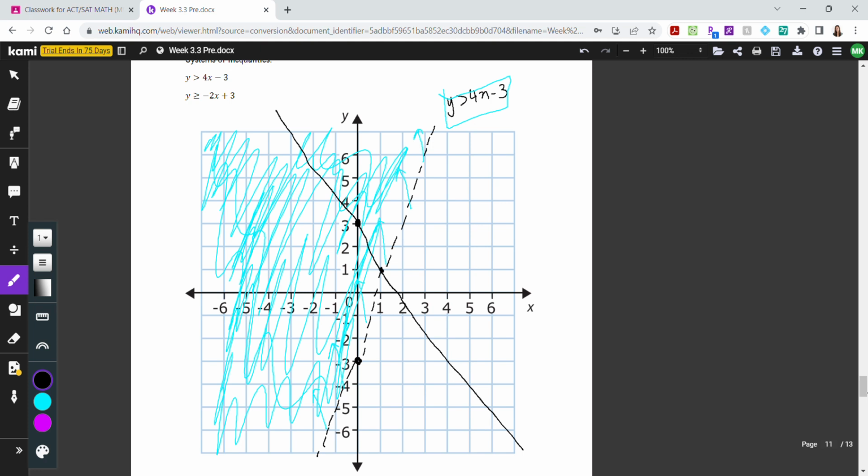I'm going to label this y is greater than or equal to negative 2x plus 3. I'm going to use a different color now. As you can see, this one I also want the region to be above the line, right? So that means it would be in this area.